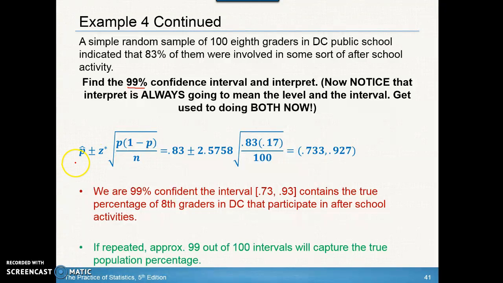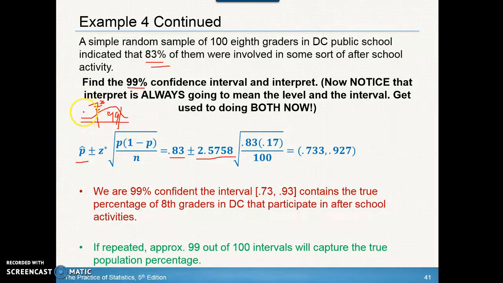All right, so here's what we know. We know that the proportion from our sample, our point estimate, is 83%, plus or minus our critical z-score, that's what we have to find. Since we're doing a 99% confidence interval, we know that 99% of our data is within the curve, and the critical z-score is separating what's inside the curve versus what's outside the curve.